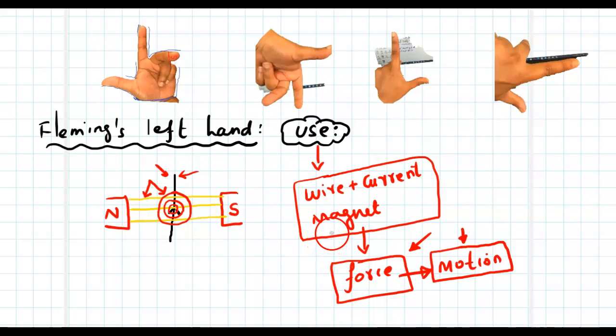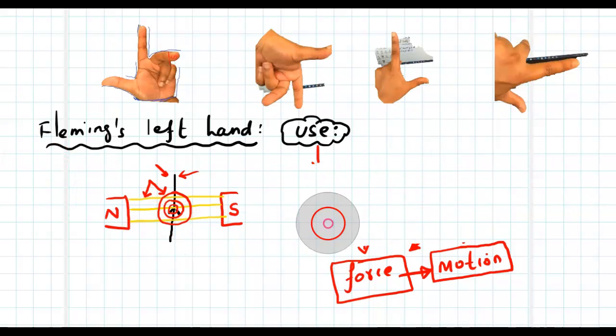So what are the possible directions we have? The possible directions of the wire, right?